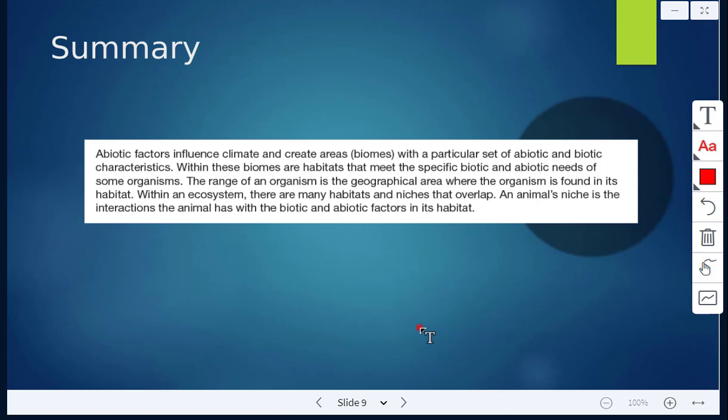Then the range of an organism is the geographical area where the organism is found in its habitat. Within an ecosystem, there are many habitats and niches that overlap. An animal's niche is the interactions the animal has with the biotic and abiotic factors in its habitat. The niche includes all the roles that it plays in that ecosystem.